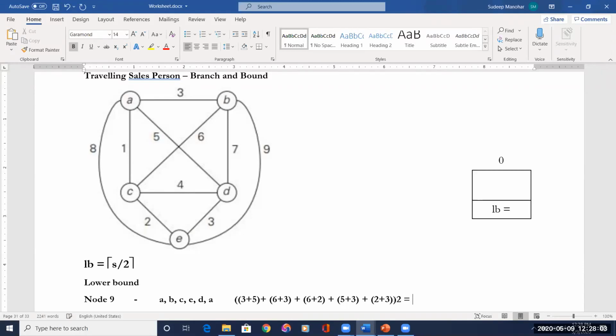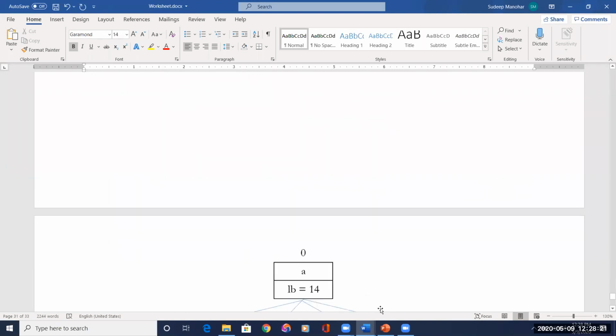Divided by 2 is equal to 8, 9, 17 plus 8, 25 plus 8, 33 plus 5, 38. 38 by 2 is 19. For node number 9, we'll get 19.